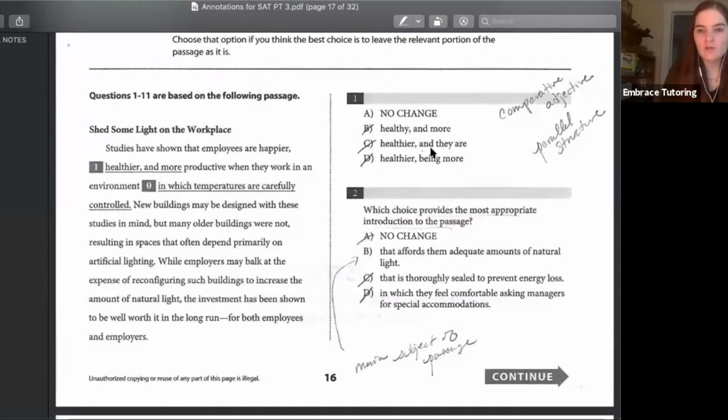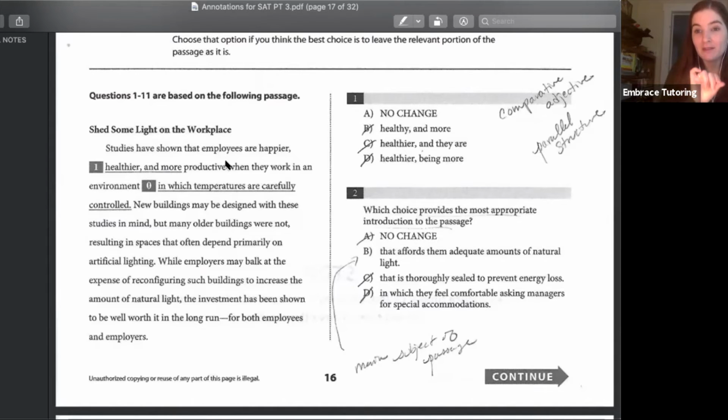Okay. Just kind of quickly to make a quick connection here to what we were really looking at. So remember this first question we looked at, it's demonstrating parallel structure. And that means because we're dealing with comparative adjectives. So we're dealing with the words healthier, happier, and more productive, which are in a comparative form of an adjective.